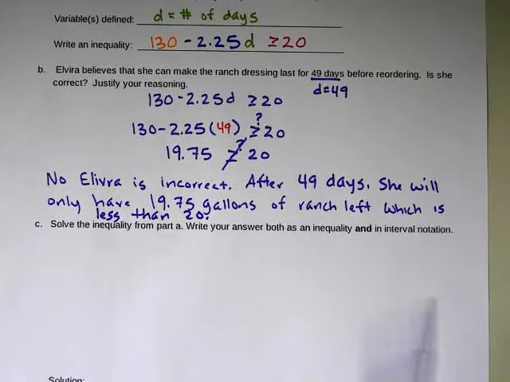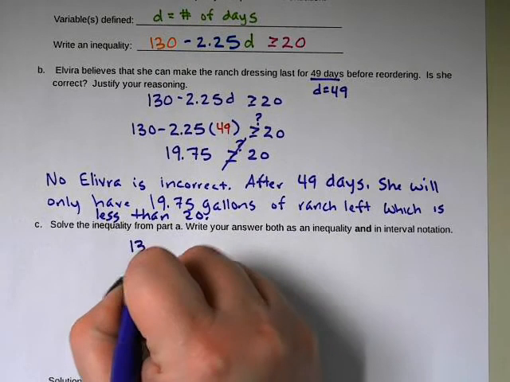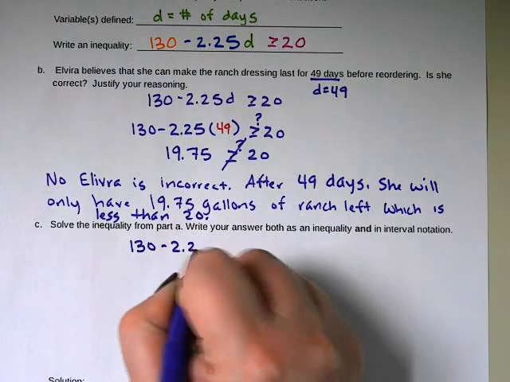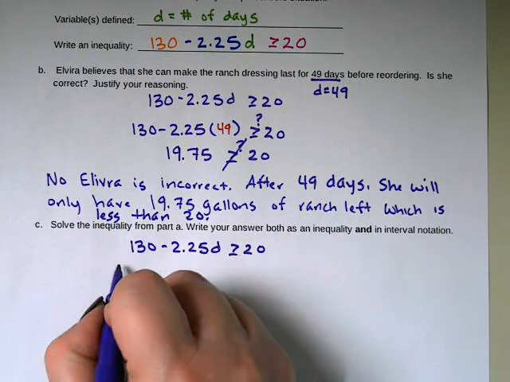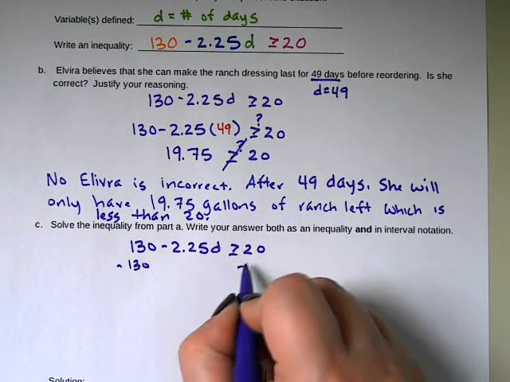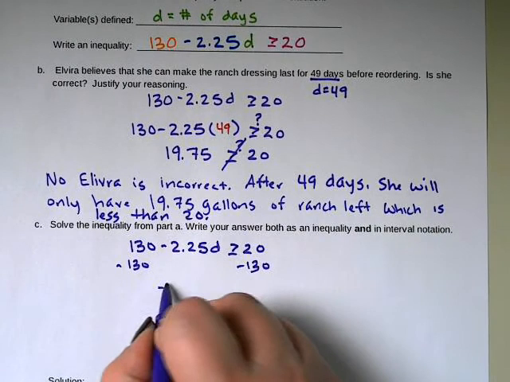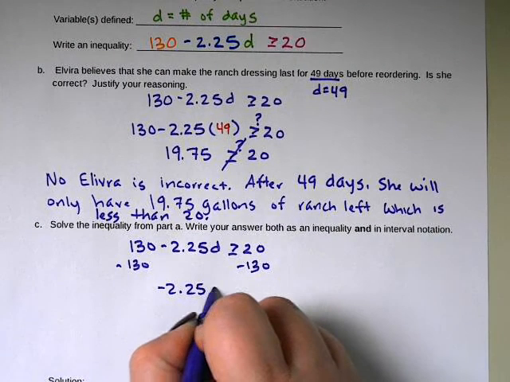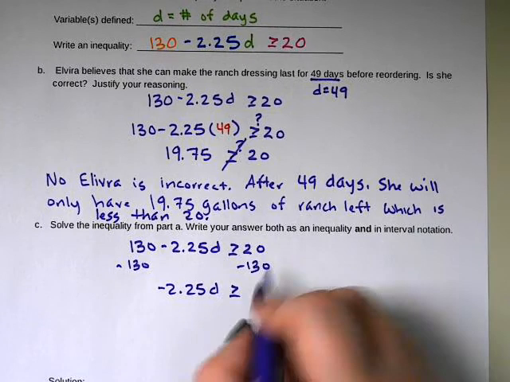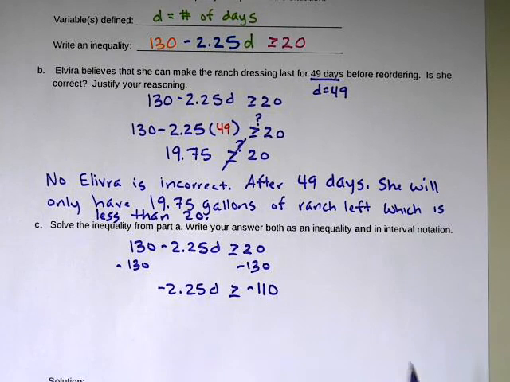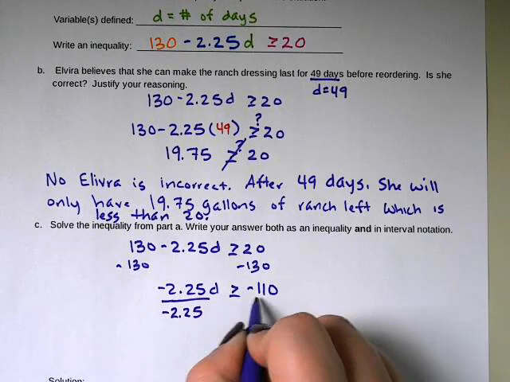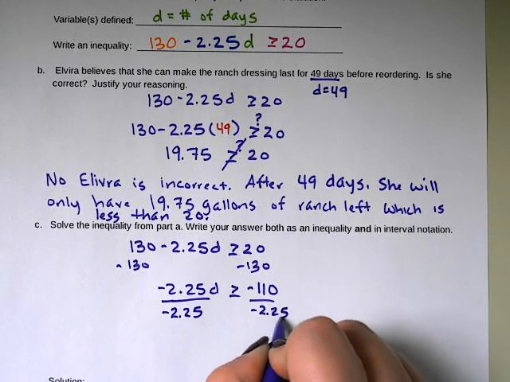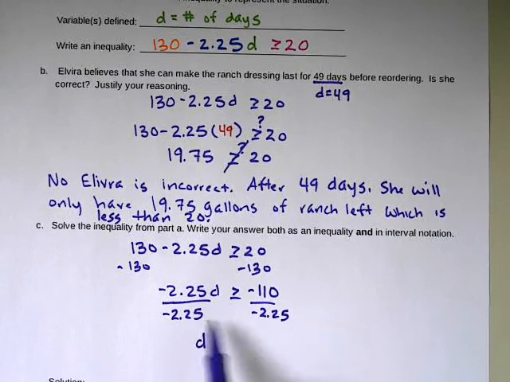All right, so now we're going to go ahead and solve our inequality and figure out what our solution is then. So the first thing we're going to do is subtract 130 from both sides. So we get negative 2.25D is greater than or equal to negative 110. Now we're going to divide both sides by negative 2.25. So we've got D, and we have to be careful.